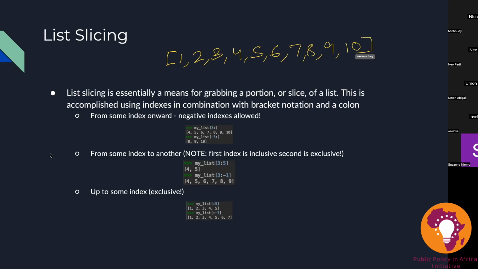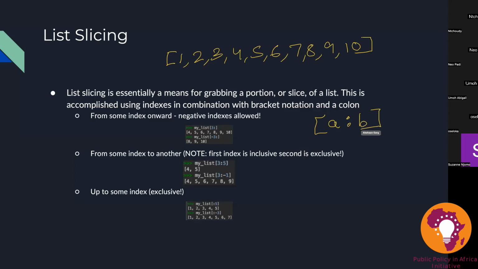Okay, so this is my list. There are 3 ways in which we can use list slicing. This is indicated again by square brackets because we're indexing a part of the list, but we also use a colon inside. So this is how we write it: we have one number, then a colon, and then another number.